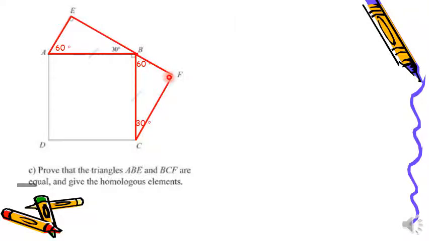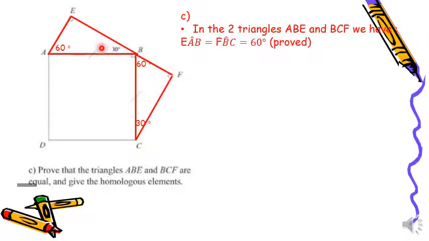So in part C, starting with the two triangles ABE and BCF, we have EAB equal to FBC equal to 60 degrees. Proved. I already found these angles. And I have AB equal to BC. Given.